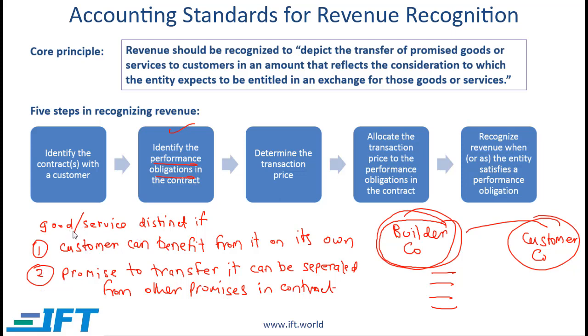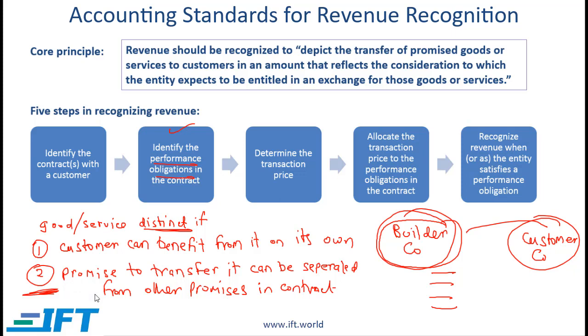For a given good or service to be distinct or to be a particular performance obligation, the customer should be able to benefit from it on its own or along with other readily available resources, and the promise to transfer this particular good or service can be separated from other promises in the contract. In the example that I just gave, which comes from the curriculum, this condition is not met because the contract is to construct a commercial building.